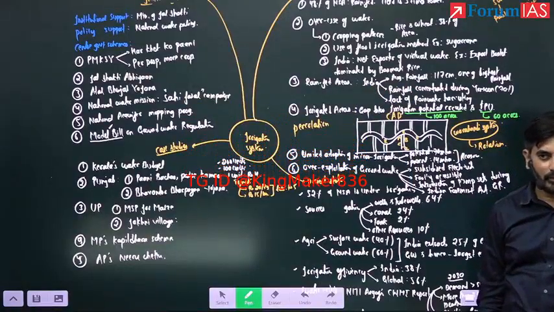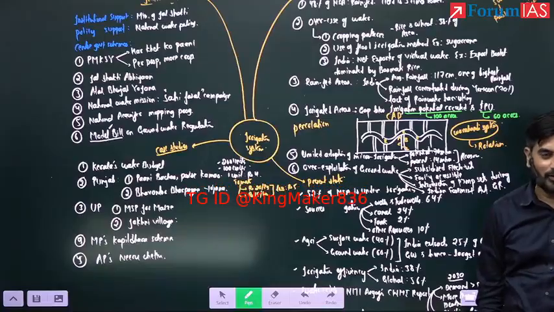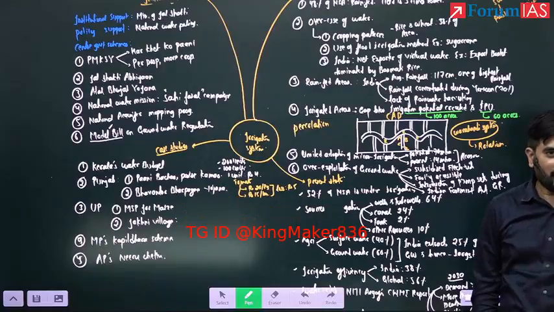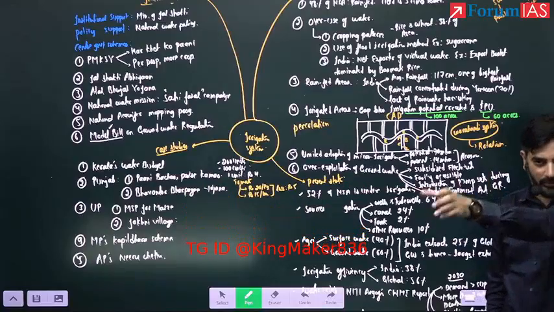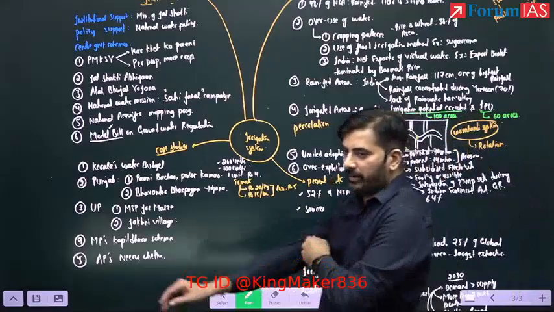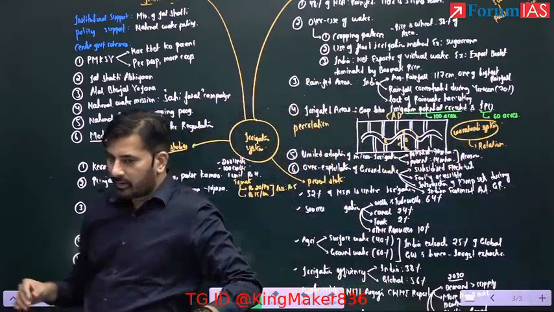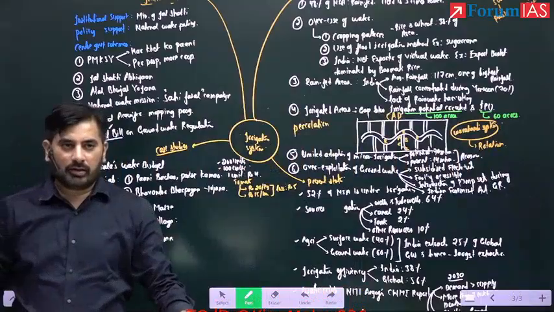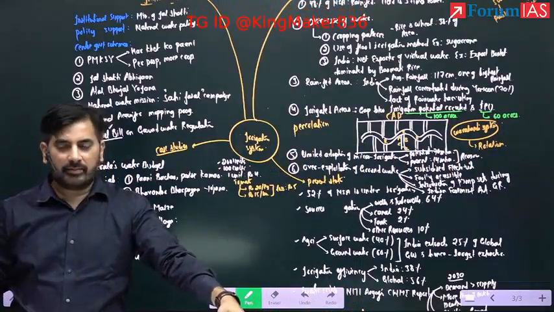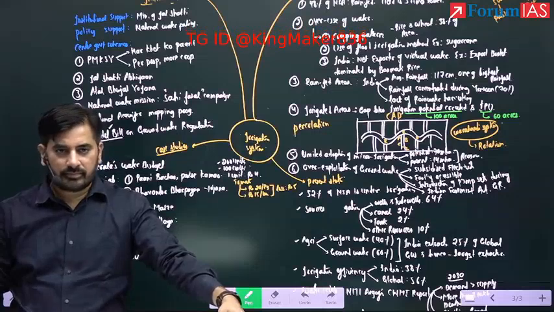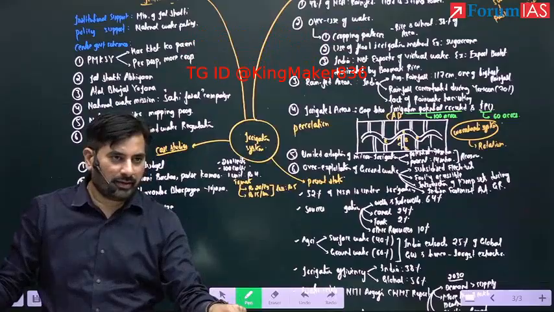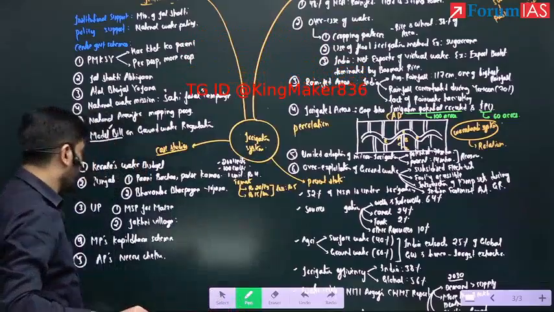Theme of World Water Day. What is the theme called? Making the invisible visible. Good. Way forward. Theme of World Water Day, making the invisible visible. That's it. Did everyone understand? Okay.